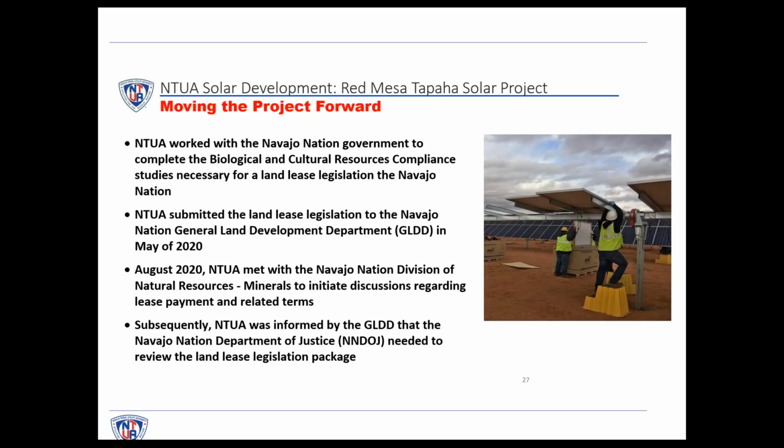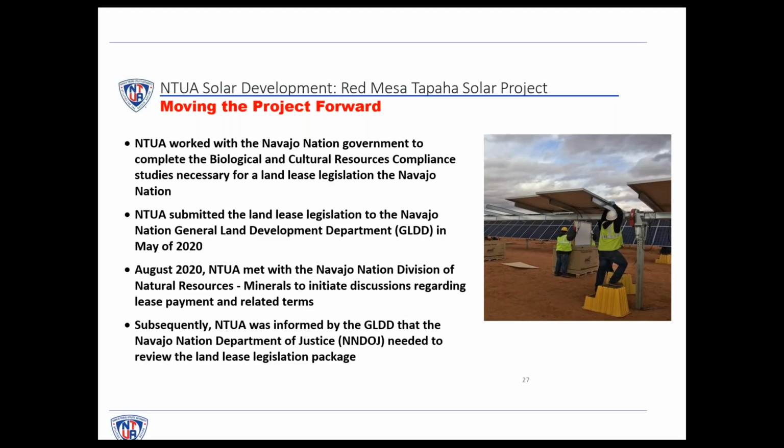To give you a sense, and this goes along with some of the things that Edward is talking about, this will give you some specifics as to what we've had to do in order to make the project go, to get permits for it, and to actually finally get permission. We worked with the Navajo Nation government to complete the biological and cultural resource compliance studies necessary for the land lease. We submitted that legislation to Navajo Nation's General Land Development Department, and then met with the Navajo Nation Division of Natural Resources and Minerals.